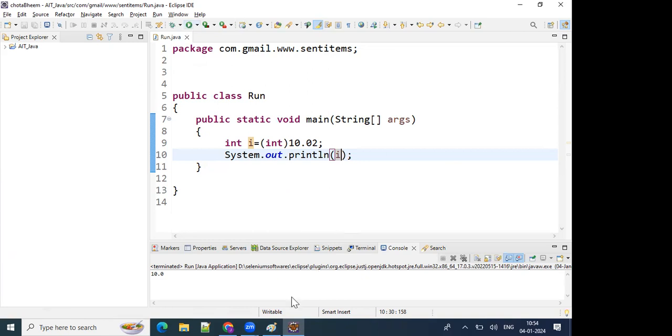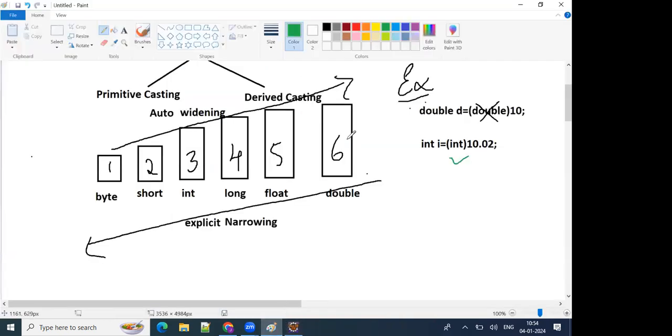That means 6 liters of water, you cannot put it in 5 liters of water. Not possible. You can put only 5 liters, and the rest is wasted.